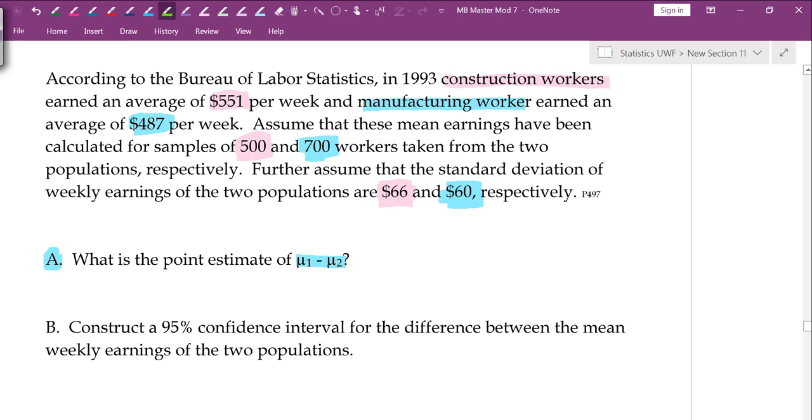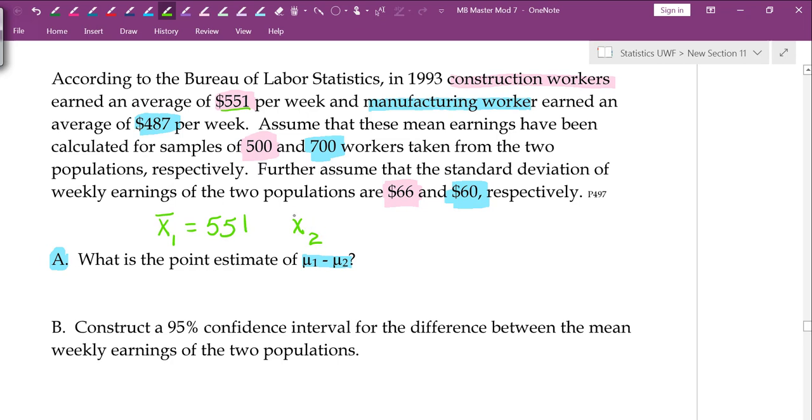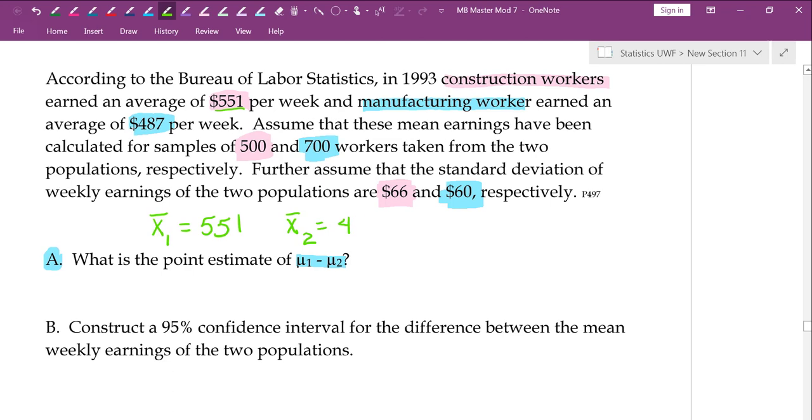What we know is that x bar sub 1 is equal to $551. We know that x bar sub 2 is equal to $487 right here.